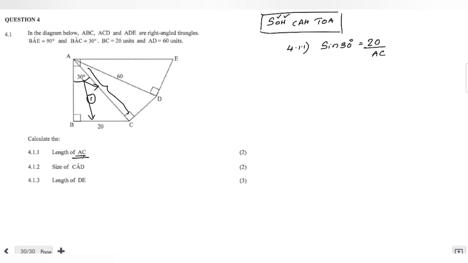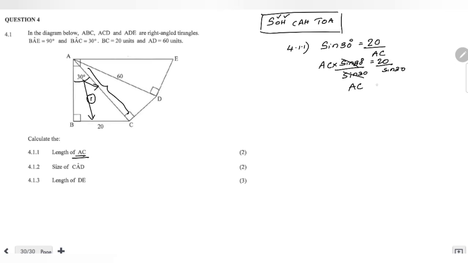So use the method that you know. Let me cross multiply. AC will go to the left hand side and it's going to multiply, isn't it? Sine 30 is equal to 20. Now AC we can isolate very easily. How? Divide both sides by sine 30. So this is going to be cancelled.